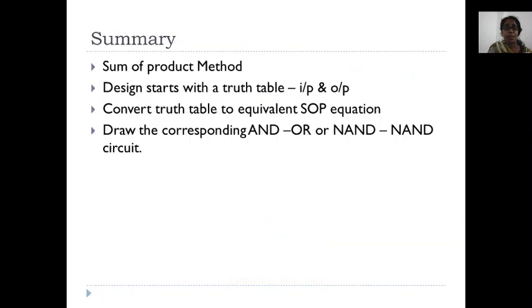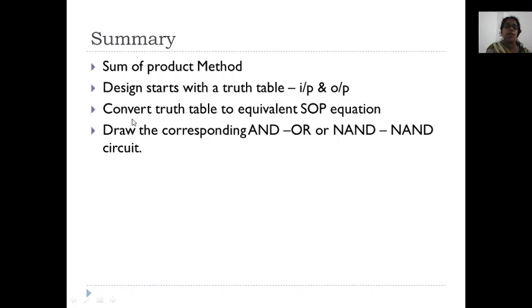So let's summarize today's session. You saw a new method to convert the truth table to a logic circuit, that is the sum of product method, and here you designed the logic circuit starting with a truth table, and the truth table gives you information regarding the input and output conditions of any digital circuit.